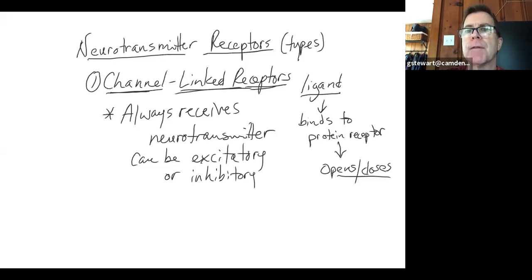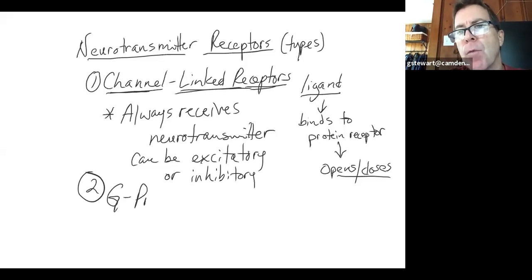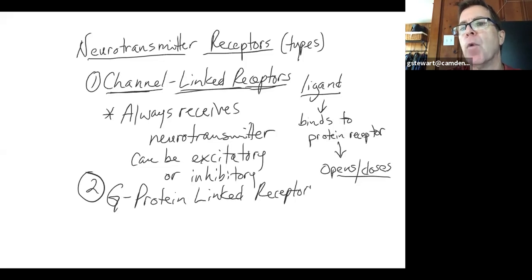Now let's talk about the second major class, which are G protein linked. We'll examine these more at the very end of this course when we talk about the endocrine system. These are a bit more complicated in some ways. I'm just going to tell you the main differences.